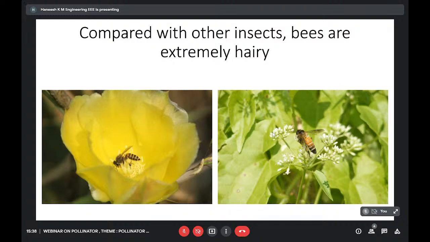Whenever they sit on or go into certain flowers, the pollen is automatically attached to their body and does not easily fall off. So they go to another flower, and the chance of successful pollination is much higher when bees are involved.